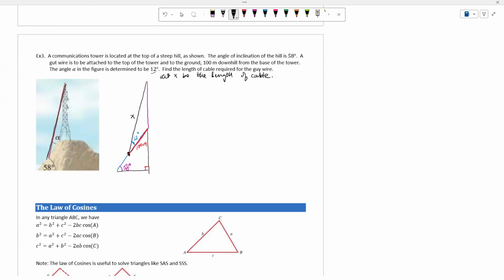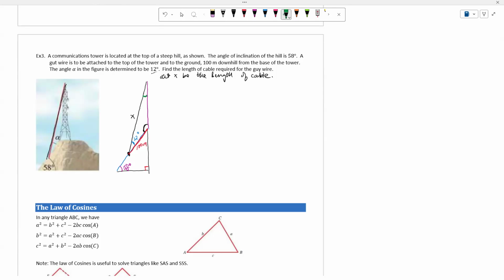And now you will see that in order to find out this X, notice we have a triangle here, right? So in order to find this X, what we need to do is find this angle. And one thing about this is, if we know this angle, then using it we will be able to find out this angle.